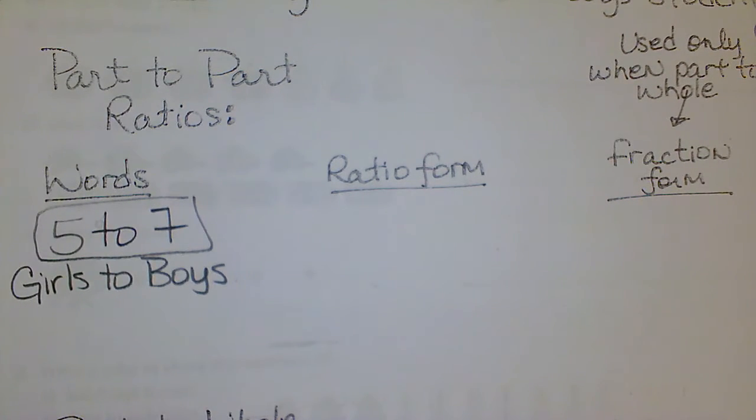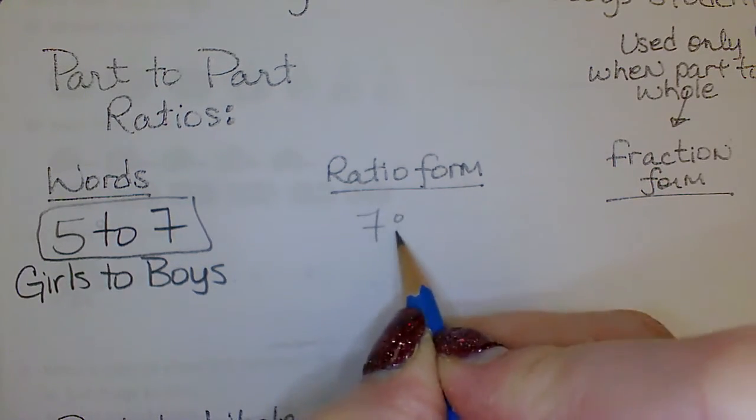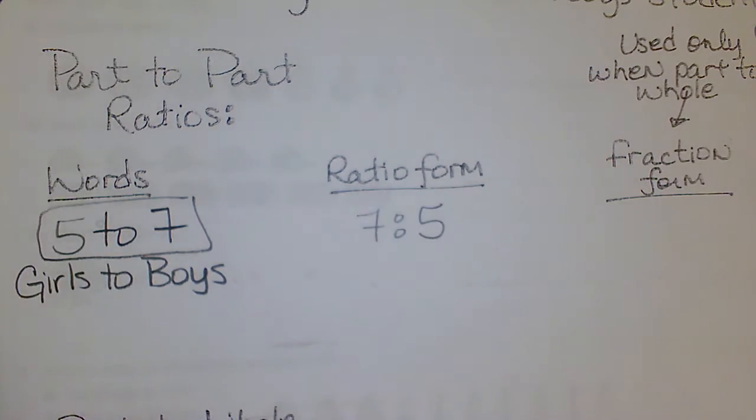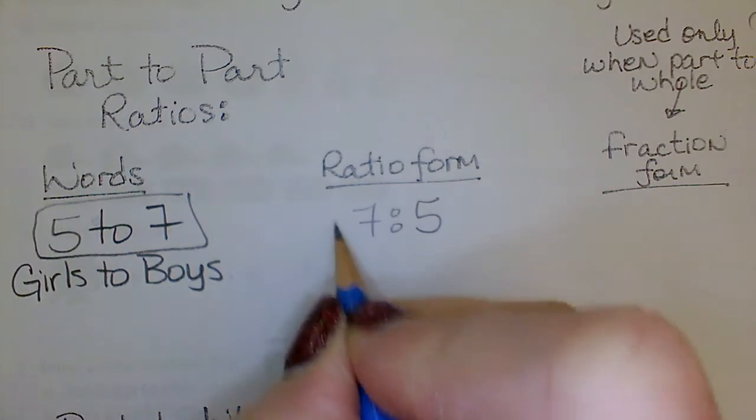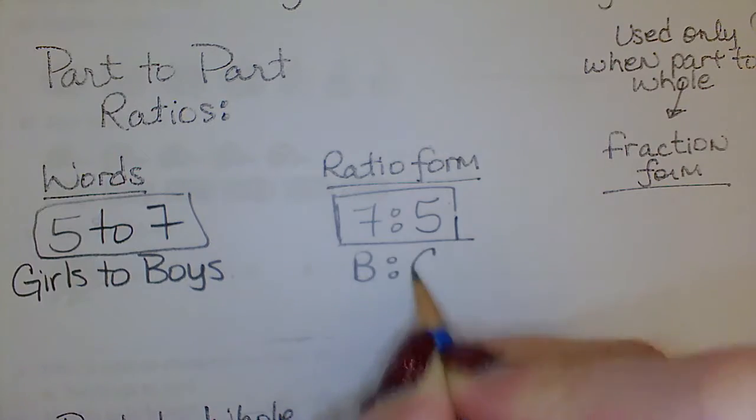Morgan, give me another one that would be in ratio form, another comparison, not the same one. How about if you just flip it the opposite direction? Okay. 7 and then colon. I could flip it like that. That means that I would be boys to girls, right?